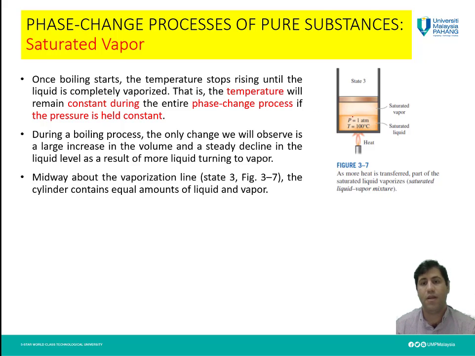In other words, when the temperature of the water inside the cylinder reaches 100 degrees Celsius, after that the thermal energy or heat which comes to the system will not increase the temperature of the water. It just causes phase change. It will cause more molecules to run away from the liquid or water to the vapor phase.